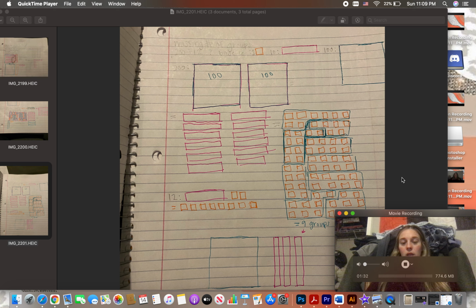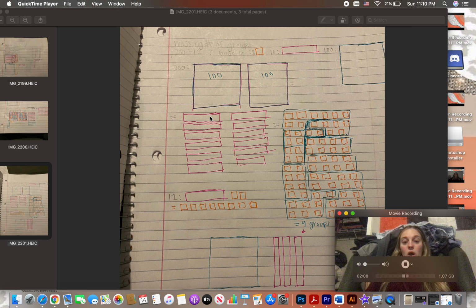So now we're going to start by drawing out what 200 base 6 is, and that is 2 flats. And then we are going to break that down into longs. So 1 flat in base 6 means that it is 6 longs. So right here we have 2 flats. So we know that 6 plus 6 is 12.